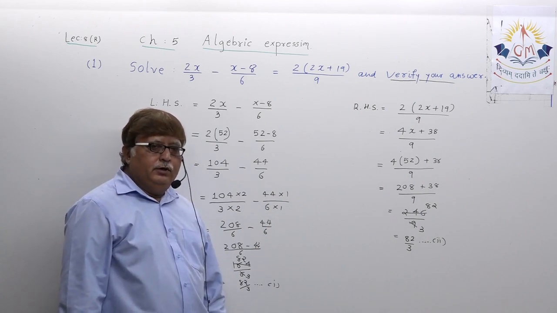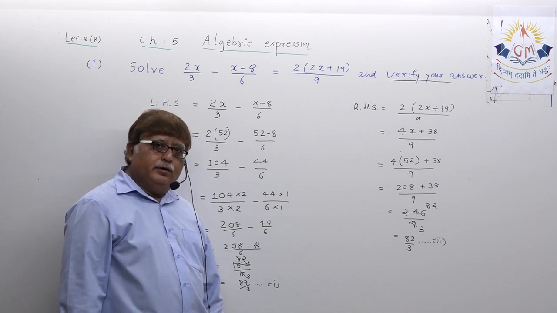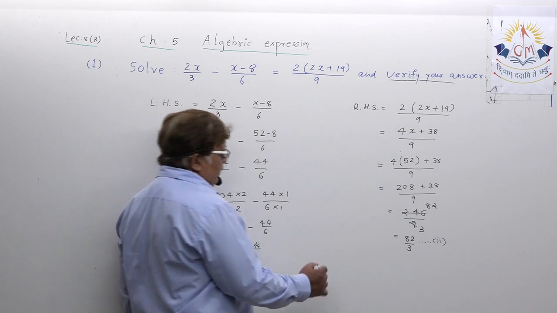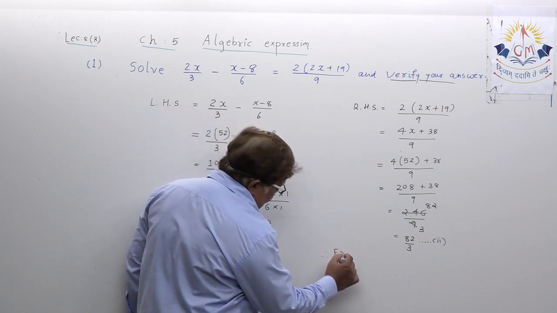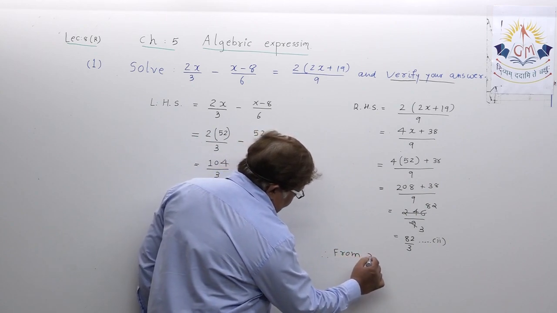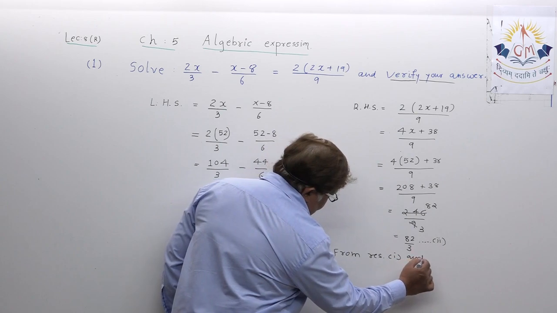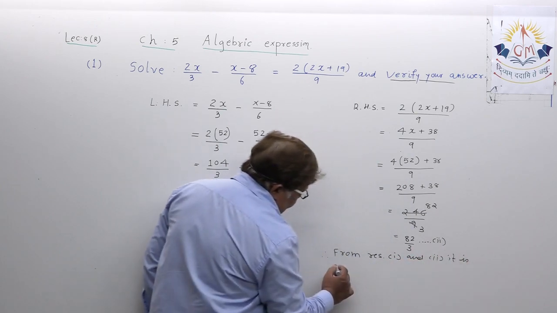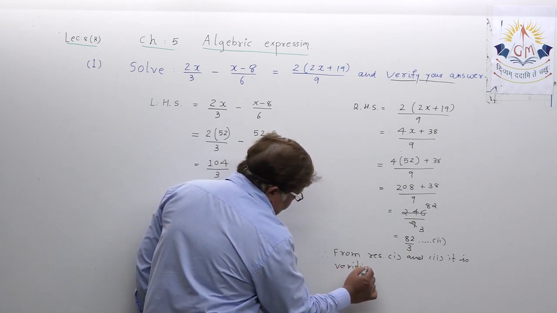That means your answer x equal to 52 is correct. Understand, this is called verification. So you can write that, therefore, from result 1 and 2, this is the way you have to write, it is verified.